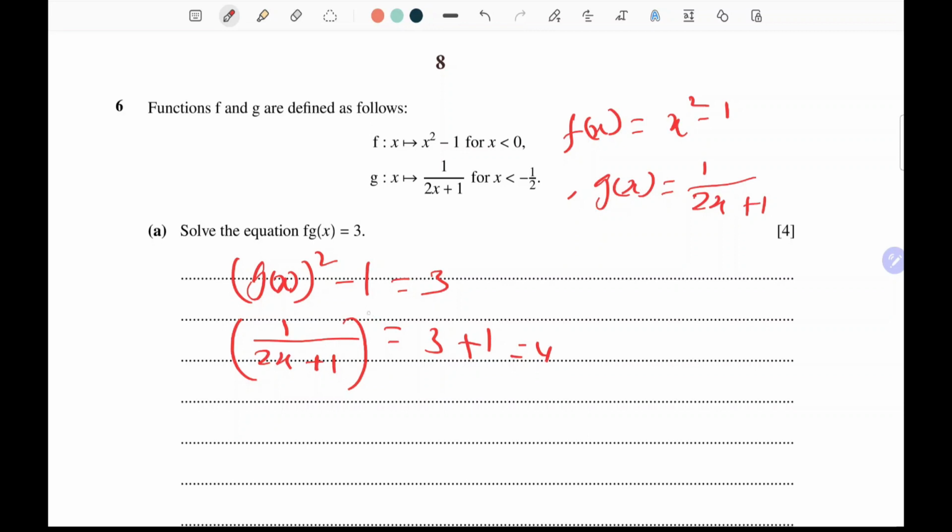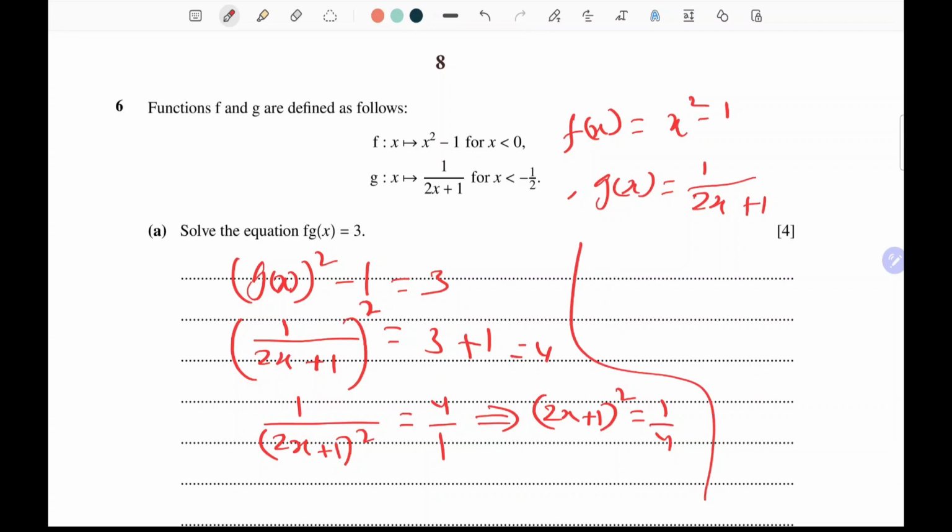Okay, then, oh, that's a square as well. Now guys, (1/(2x + 1))² = 4/1. Okay, take the reciprocal or upside down. You will get (2x + 1)² = 1/4. You can make a quadratic equation also.